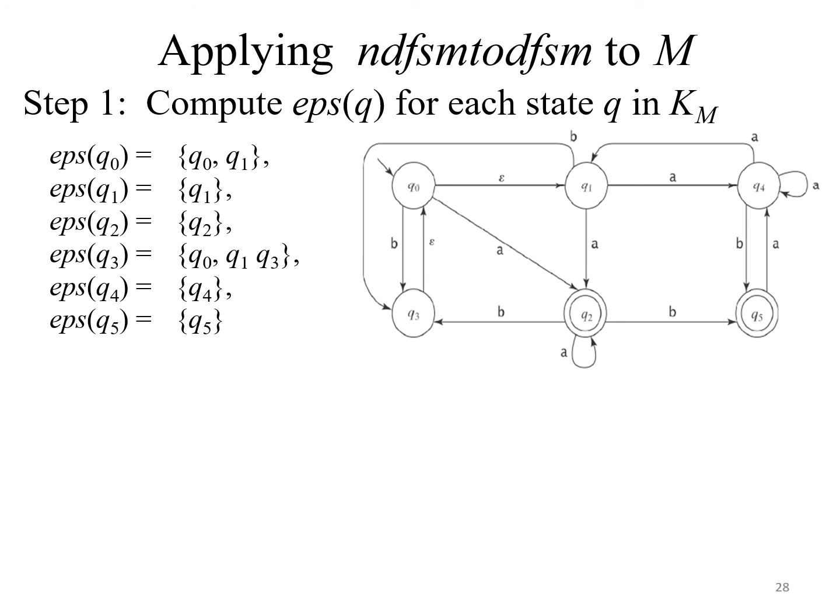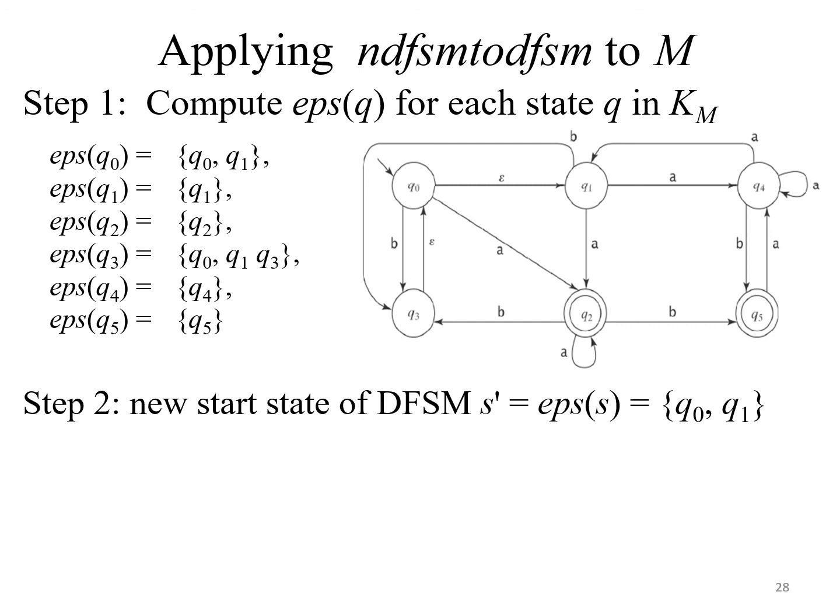Once we obtained the EPS, the next step is to find the new start state of the DFSM, S dash, which is equal to EPS of the start state of the NDFSM. So EPS of q0 is equal to q0 q1. So the new start state of DFSM is q0 q1.